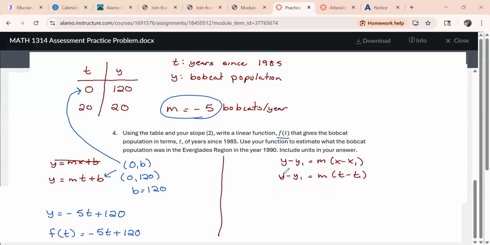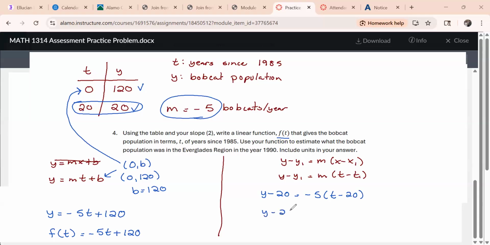Okay. The other way to do it is using this formula, which means I just need to pick a pair of points. So it could be this pair or it could be this pair. But once again, we know that slope is going to be that negative 5. So let's say, just for fun, we'll pick these pair of points. So we're going to have y minus 20 is equal to -5 times t minus 20.